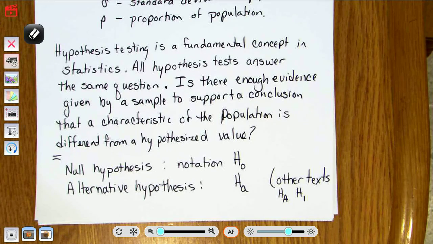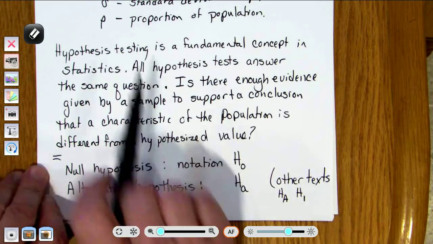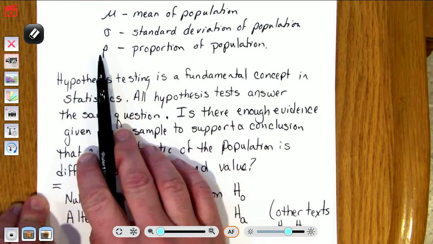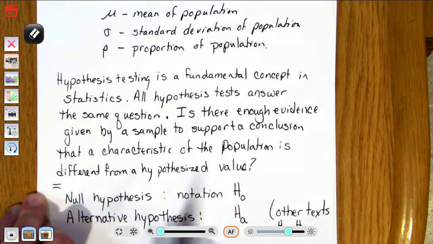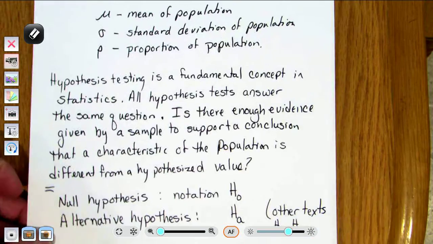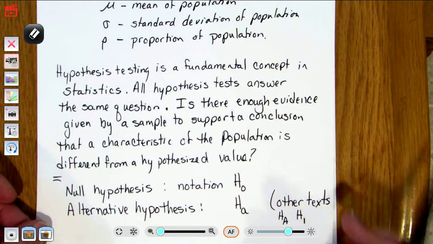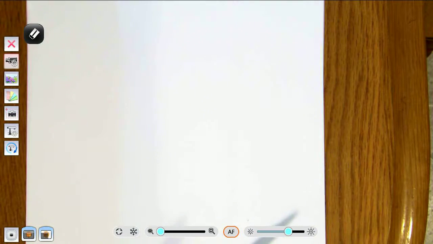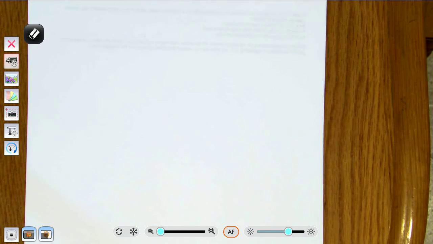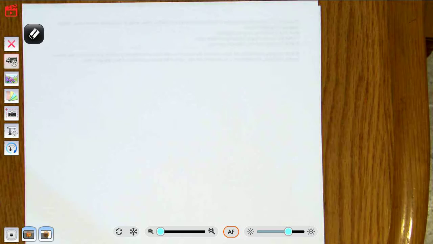These will be mathematical statements, and they will have the parameter that we're looking at in them as well. So I'm going to go through some examples, and hopefully we can kind of understand this null hypothesis and this alternative hypothesis. And then we'll build on that a little bit today as well. So let's just jump into an example.